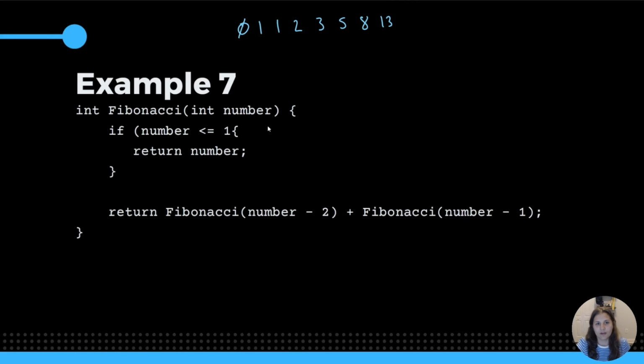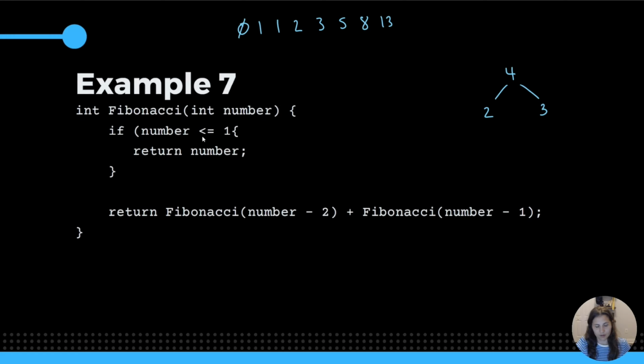So let's look at this if we put in 4. 4 is not less than or equal to the number 1. So it's actually going to call 4 minus 2, which means it's going to call 2, and it's going to call 4 minus 1, which is 3.